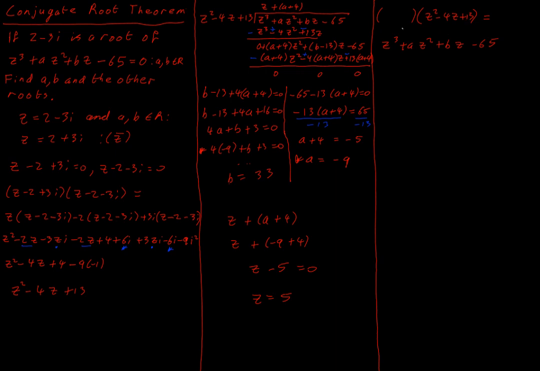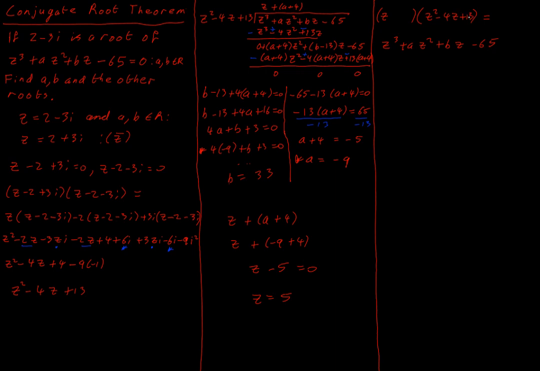So there's a few things I can very easily figure out. The cubed term is going to be just z, because z by z squared will give me z cubed. There's no coefficient in front of this that I need to worry about. It's just 1. And then the number on the end, well, if I multiply the second number here by the last number in this bracket here, I must get minus 65.